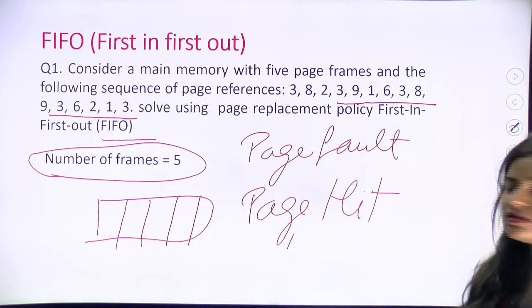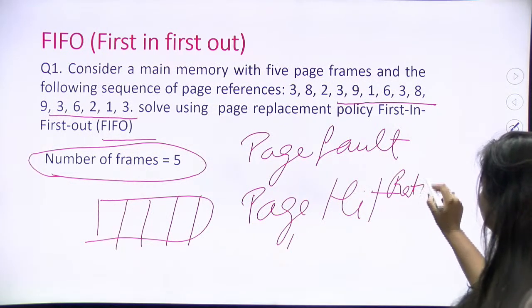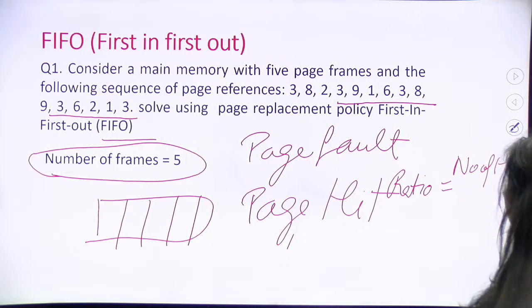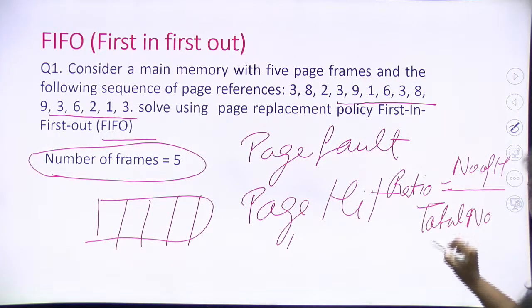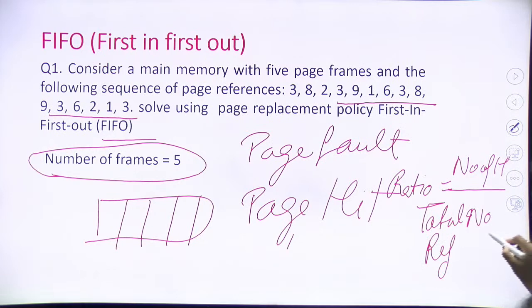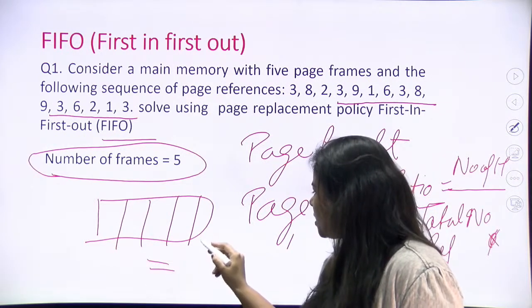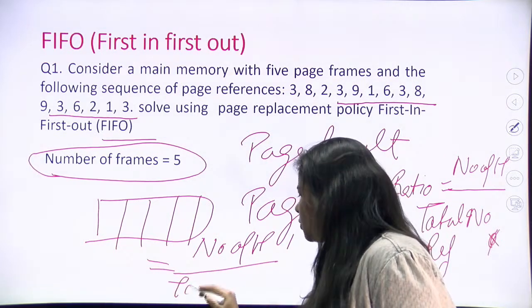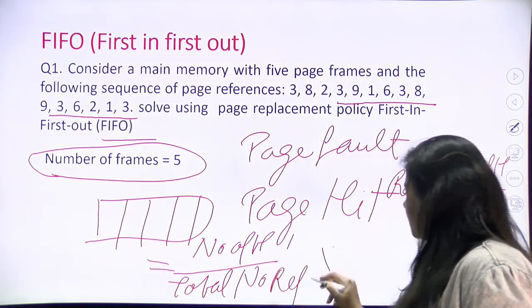So here I am writing the formula for page hit ratio. It is equal to number of hits divided by total number of references, multiplied by 100.